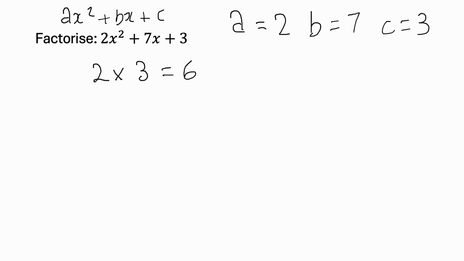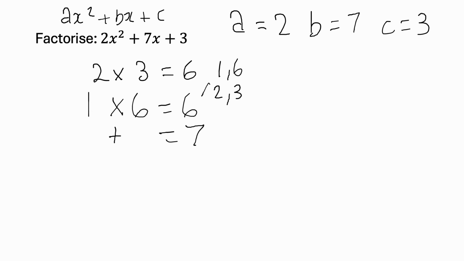Now we are going to work out two numbers that times to make what a times c is, 6, but they still have to add to make the number in the middle, our b, which is 7. So factors of 6 are 1 and 6, 2 and 3. 1 and 6 will times to make 6, and will also add to make 7.